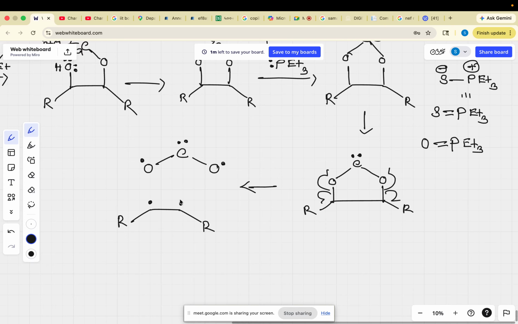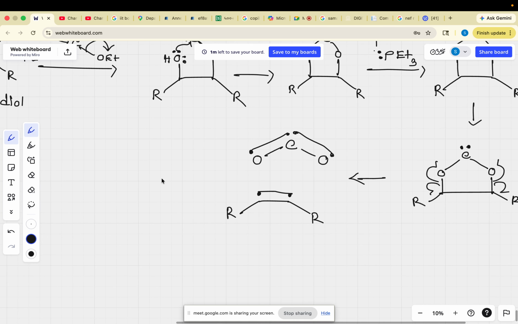This thing you are getting, right? So now attach these odd electrons. What are you getting? CO2, and this is your alkene. Okay, CO2 plus alkene you will get.